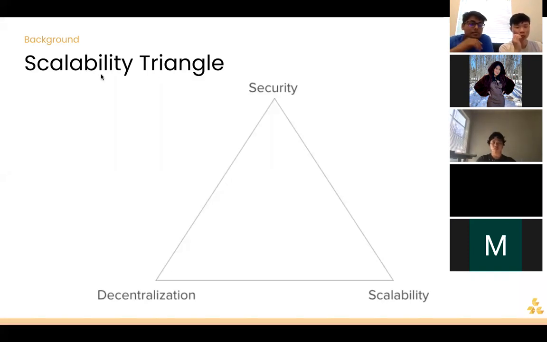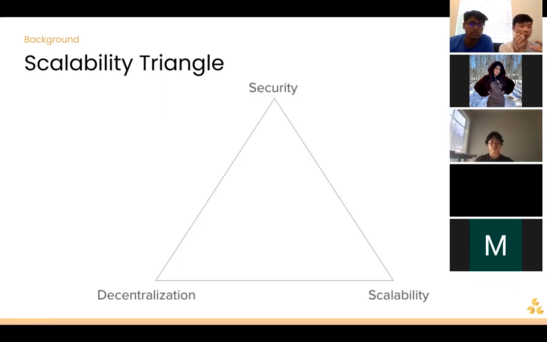Yeah, and the way you can set up your mental model of how to use this triangle is that any solution you can imagine as somewhere within the area of this triangle, right? Some solutions might be more scalable, but they might decrease decentralization. An example of this: you guys have learned about the hash puzzle that miners have to solve when they're propagating a block and adding a block to the end of the blockchain. This hash puzzle currently is set to be around 10 minutes.